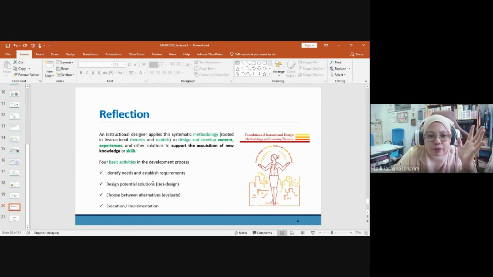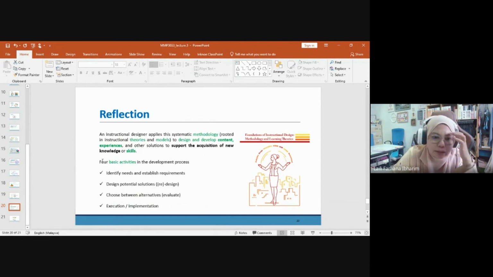And then we design potential solutions. We do the design and development, the sketches, the storyboard, the planning, and then we choose between alternatives. Here we evaluate the effectiveness, the usability, the efficiency, and so on. And then we execute or implement the courseware or the strategy that we have planned.